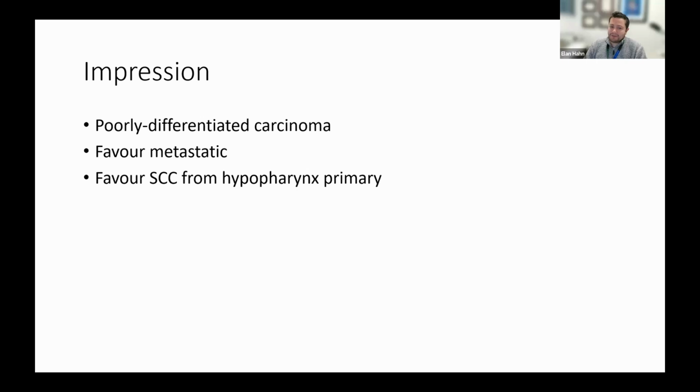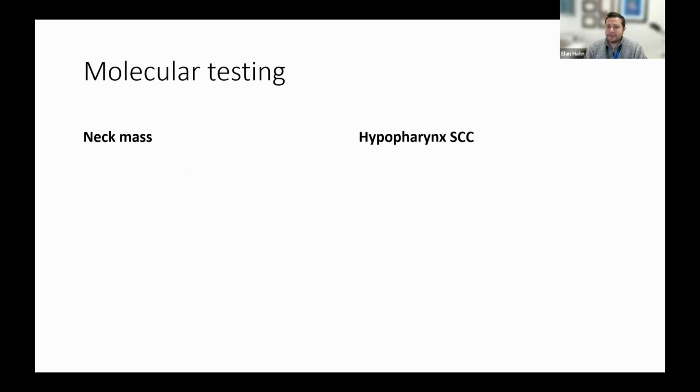And it's a poorly differentiated basaloid carcinoma based on the p63, most likely squamous. So right now it's probably metastatic, it's probably squamous, and given that, it's probably from this hypopharynx primary. It was all moderately differentiated squamous in the biopsy that we saw, but it was just a biopsy. So it might not be representative of the entire lesion, which may include a poorly differentiated component.